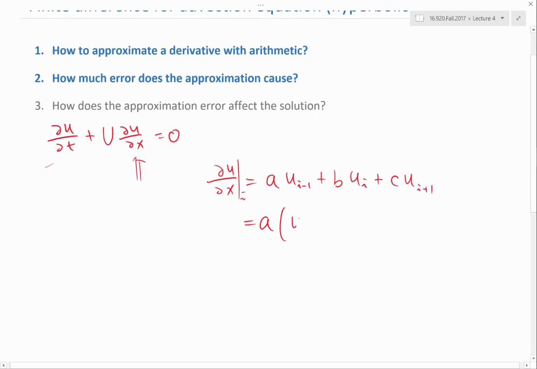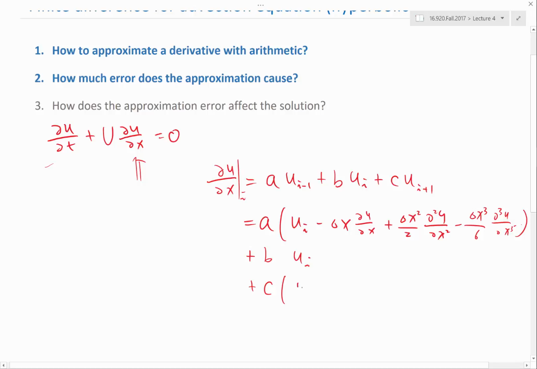We have a times u i minus delta x times the first derivative, plus delta x squared over 2 times the second order derivative, minus delta x cubed over 3 factorial times the third order derivative, etc. And b is just multiplied by u i, and c is multiplied by u i plus delta x.